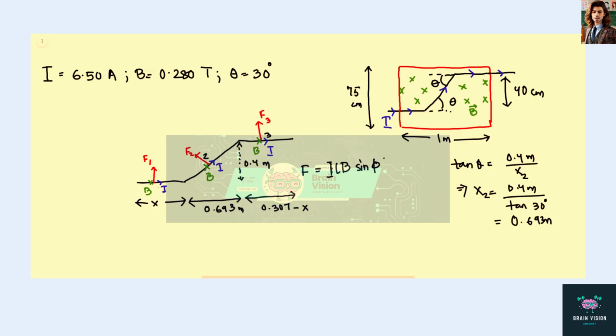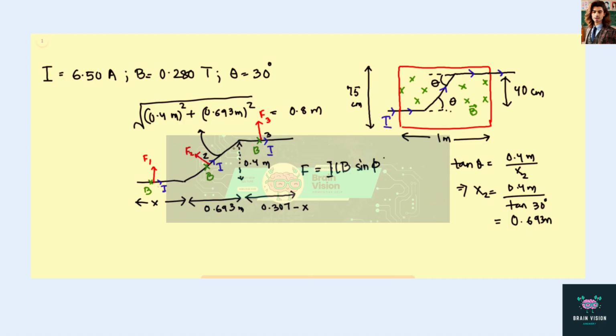Now that for F2 we have the base and the height, we can find the hypotenuse, or the length of the segment, by Pythagoras theorem. So the length will be the square root of 0.4 meter squared plus 0.693 meter squared, and this gives the length to be 0.8 meter.